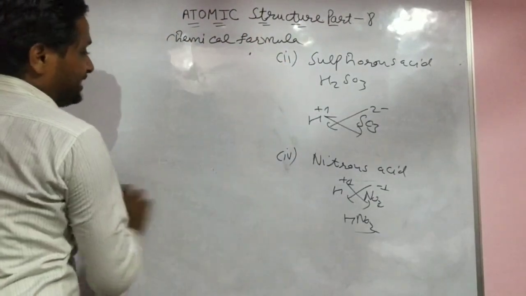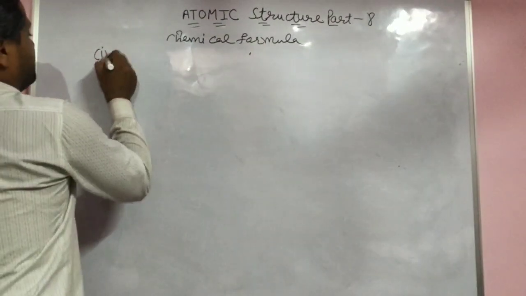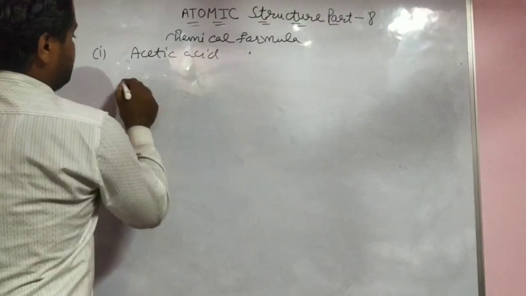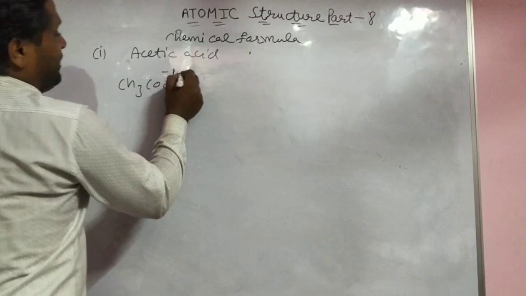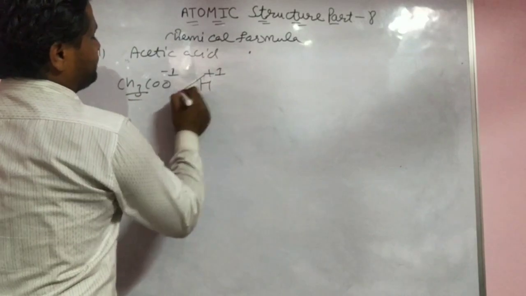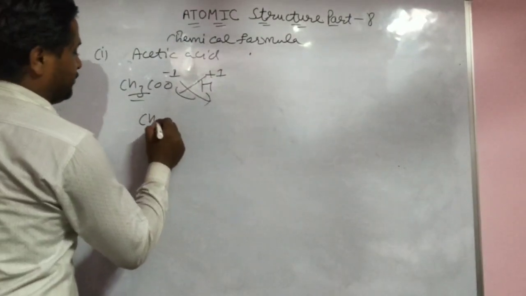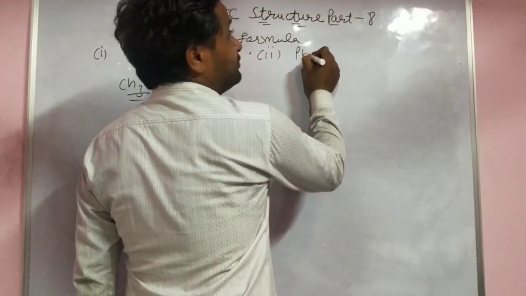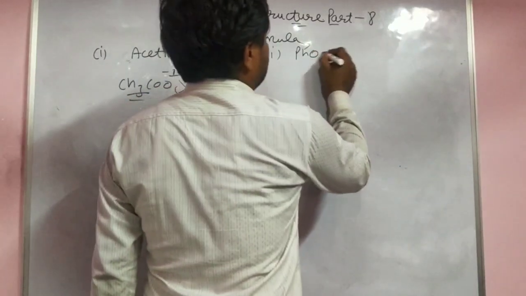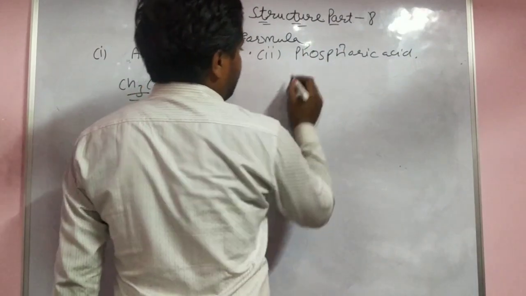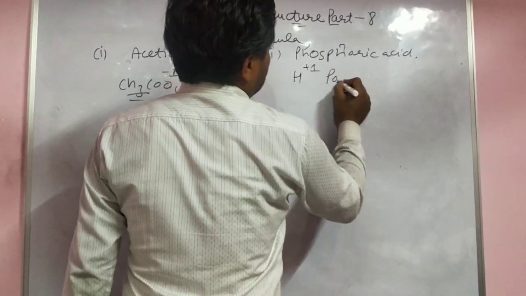Very easy. For acetic acid, we use the acetate ion. Keep in mind, the acetate ion always comes on the left side, an exceptional case. With H positive, that forms acetic acid. Second, phosphoric acid, by using phosphate.